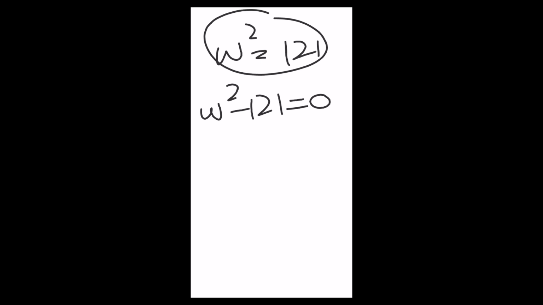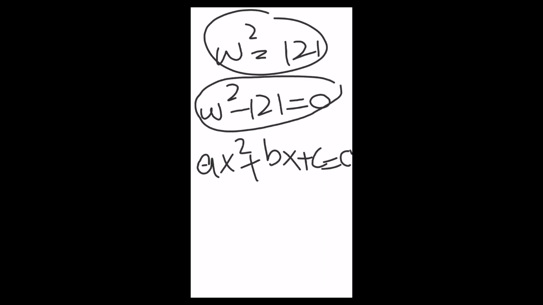In which I know that ax square plus bx plus c equals 0. But this time I have only two terms, isn't it? So I can write like this as well. If w square has no number, I can write 1 itself. So a equals 1, b equals 0.